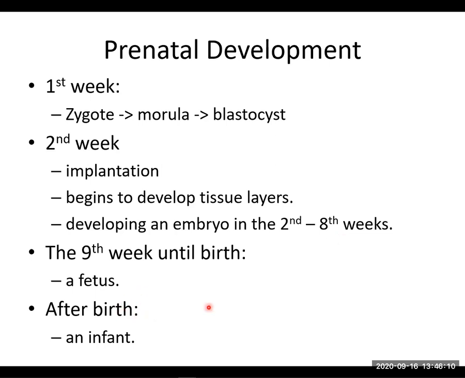Then at 9 months it will be delivered, and after birth it's called an infant. So a lot of this process happens in the first 8 weeks, so we will probably spend a lot of time talking about it.